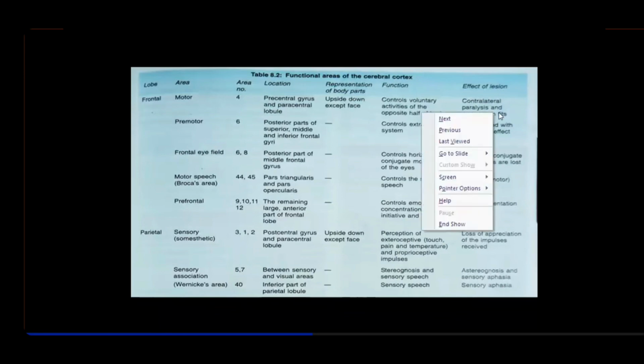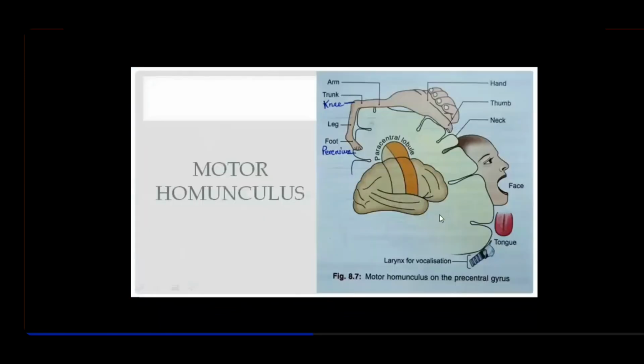Remember, what I was saying is, in this homunculus, there is no representation of the muscles as such. If you talk about the movement of the limbs, actually it's the joints that are represented here in the motor homunculus, right? Because all the skeletal muscles of the limbs function only across a joint. Imagine a muscle attached to the upper head of the humerus and to the lower end of the humerus, what will that muscle do?